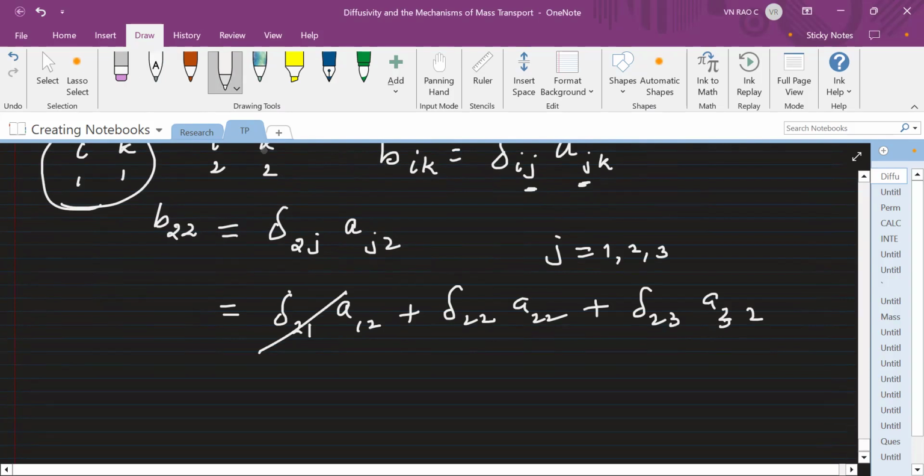So this one vanishes, this one vanishes. We are left with delta 22 a22. We know this is 1. Answer is a22. So b22 is a22.